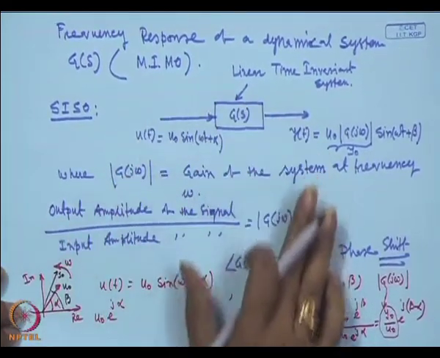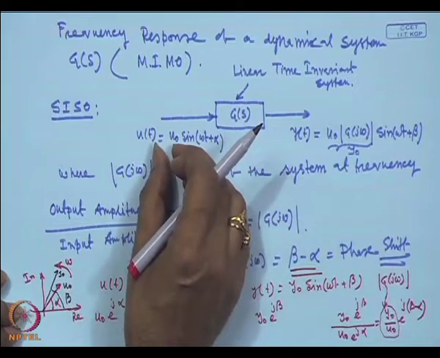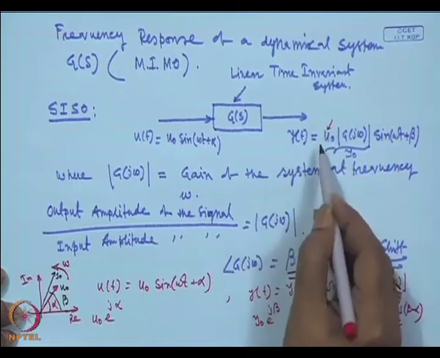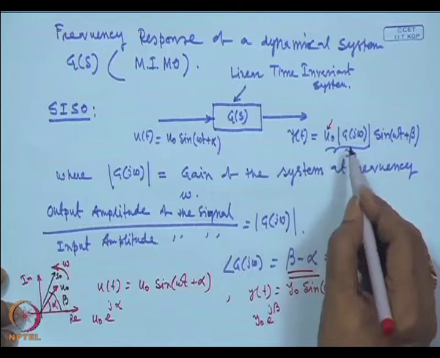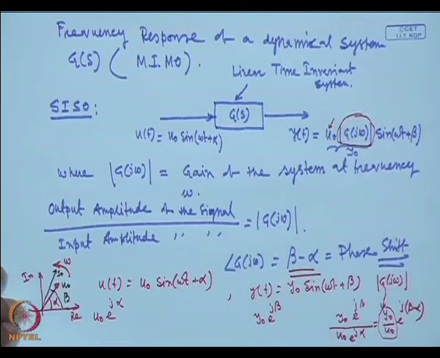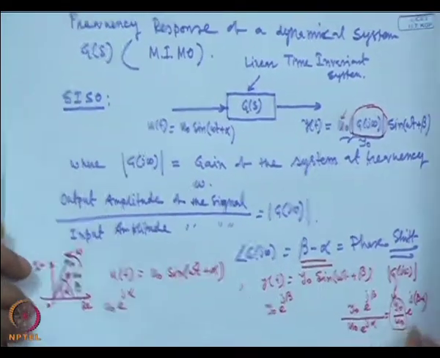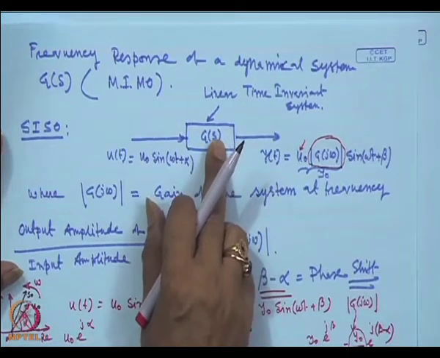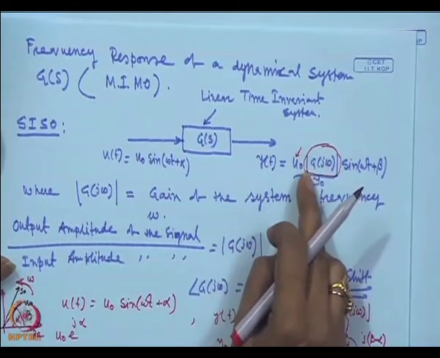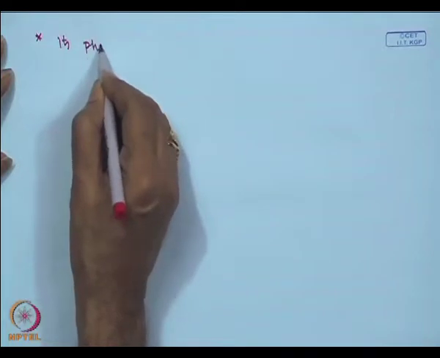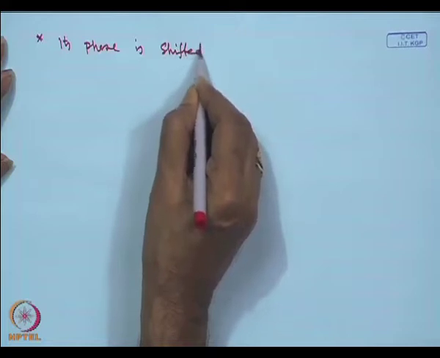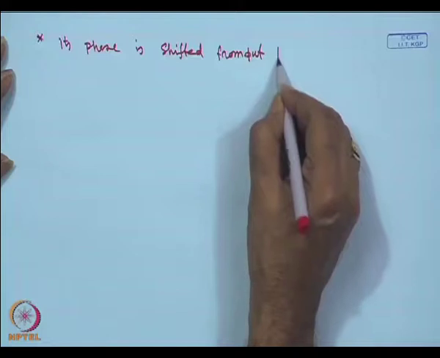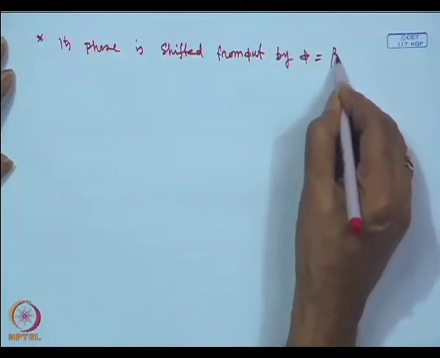So, what it means is that in a linear system, for a single input signal, the input signal magnitude is changed by a factor, and its phase angle is changed by an angle. So, I can write: when the signal u(t) is passed through a system, the input magnitude is changed by a factor, this factor, and its phase is shifted from the input by φ, which is equal to β minus α.